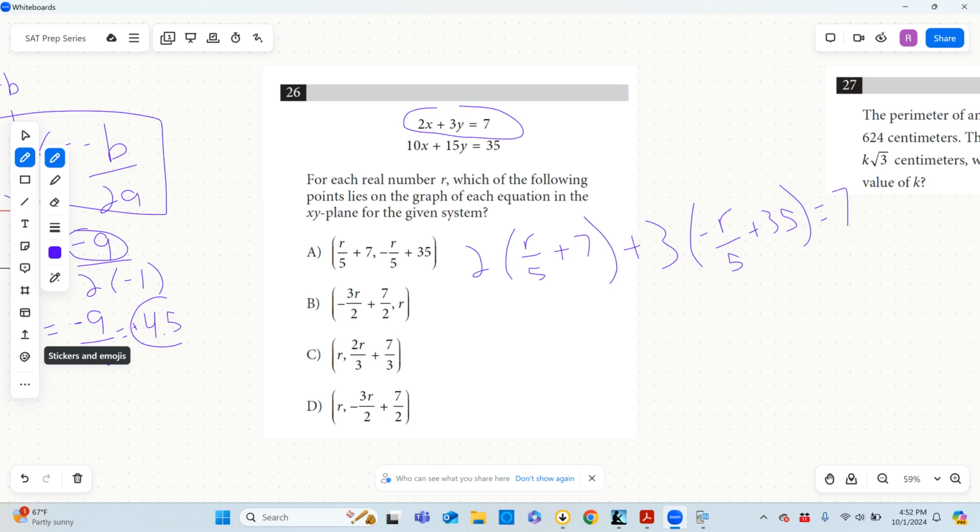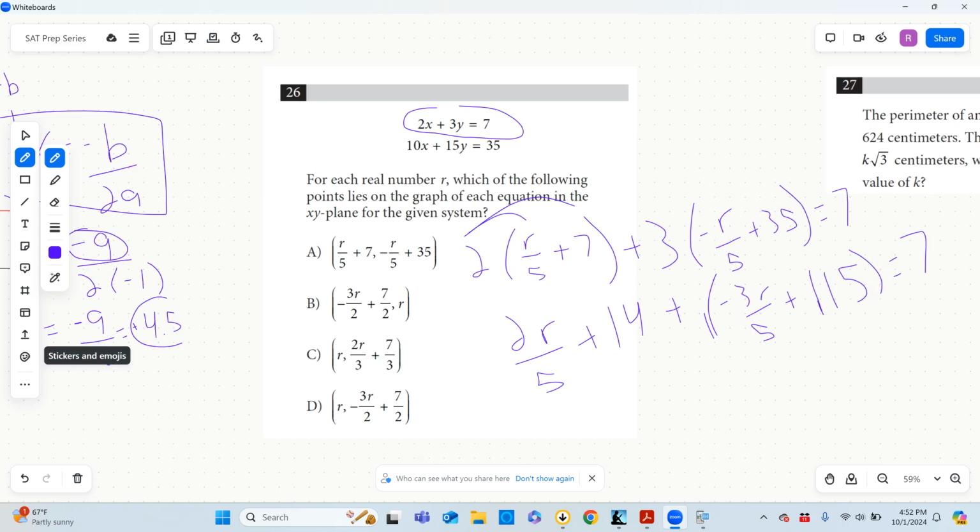This is going to give me 2r over 5 plus 14 by distributing my 2, plus, let's see, over here, 3 times negative r is going to be negative 3r over 5, plus, let's see, 35 times 3 should be 115, and that needs to equal 7.